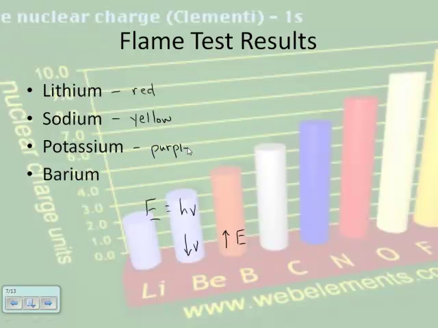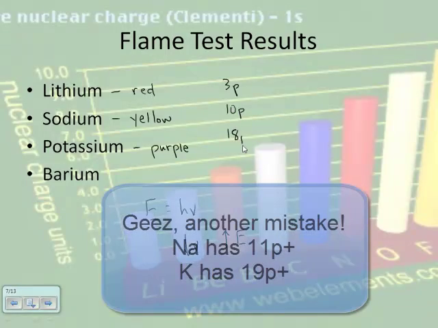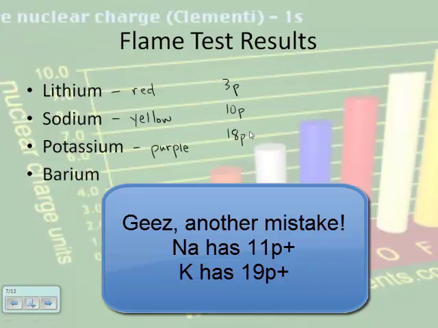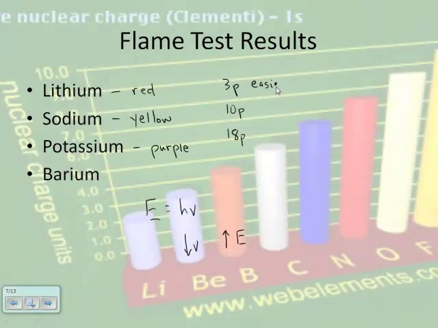So let's just compare our alkali metals real quick. Lithium has 3 protons, sodium has 11, and then potassium would be 19. And so we would expect that to take the electrons away from lithium would be easier, and most difficult to get them away from potassium, because 19 can pull a lot harder than 3.